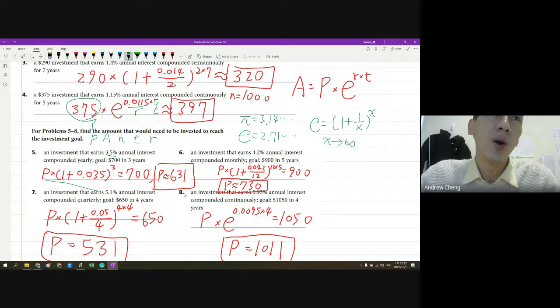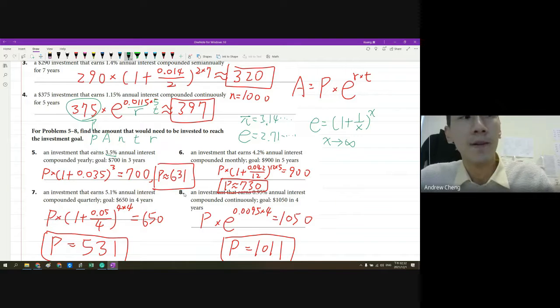So you plug in all of these, and lastly, my goal is 700. I want the value in my bank account to reach 700 in 3 years. So how much money do I need to deposit initially? So find P.